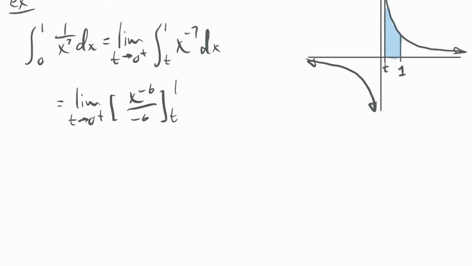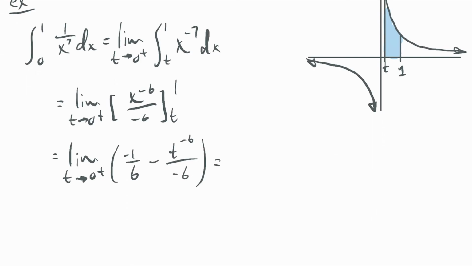So this will be the limit as t goes to 0 from the right of 1 over negative 6, so negative 1 over 6, minus t to the negative 6th power over negative 6.